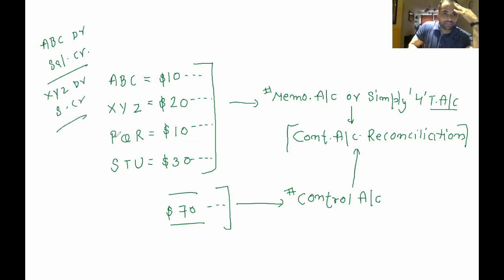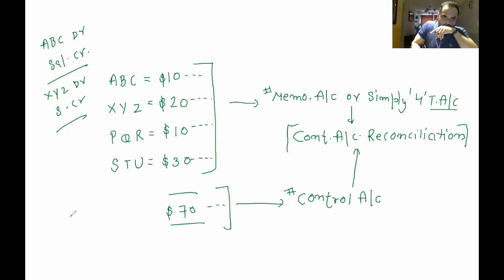Same thing, PQR debit, sales credit, STU debit, sales credit. This is the journal entry that we have to make for T accounts, all right? Same thing for control accounts, we also gonna make journal entry, right? So journal entry for control accounts, we're not gonna indicate the name of specific customers. We are calling them receivables, all right?